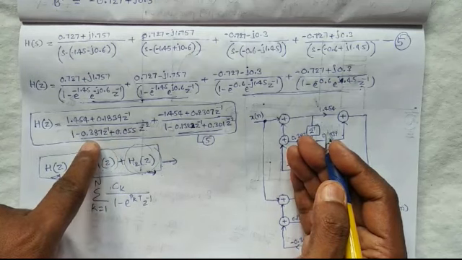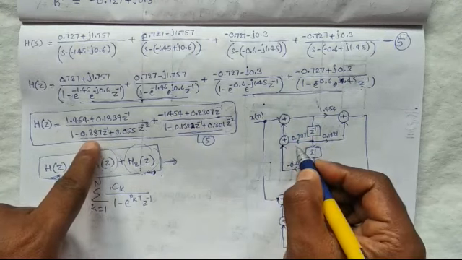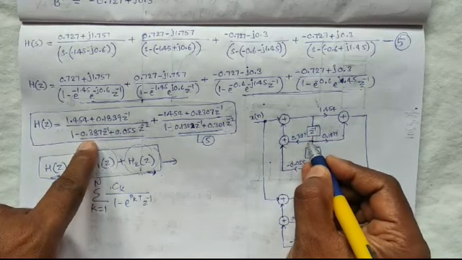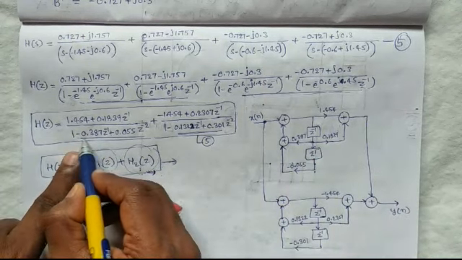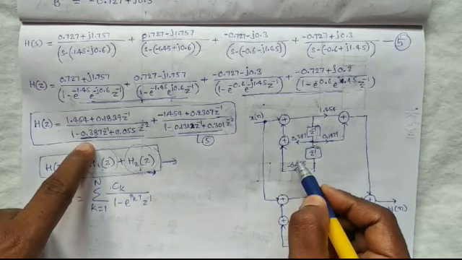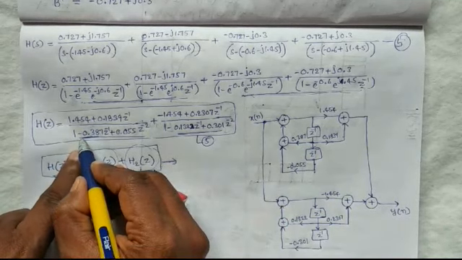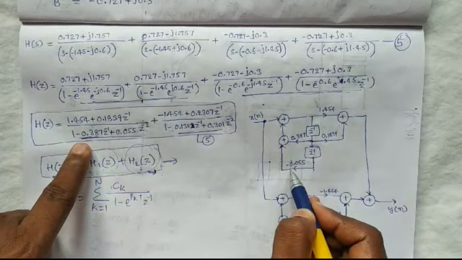This z power minus 1 is multiplied with a minus sign: minus a1, minus a2. If it is negative we take positive sign, if it is positive we take negative sign.